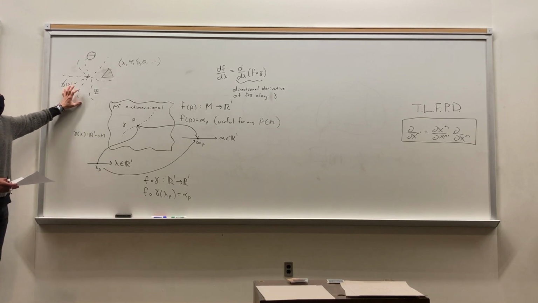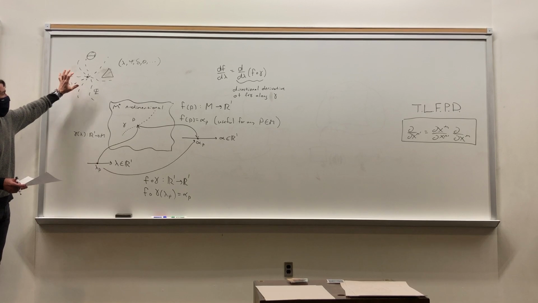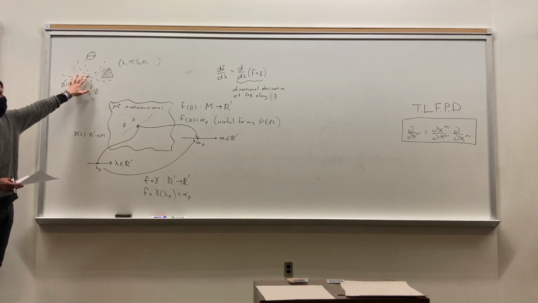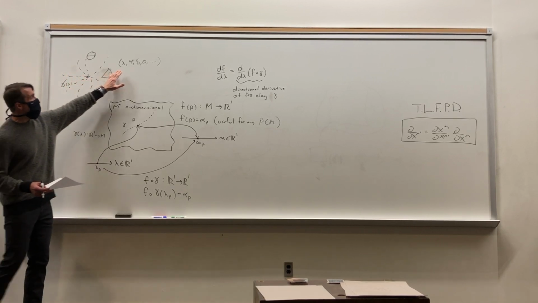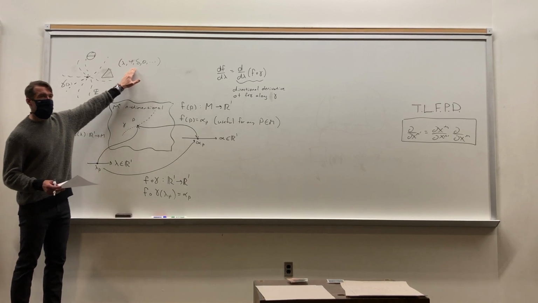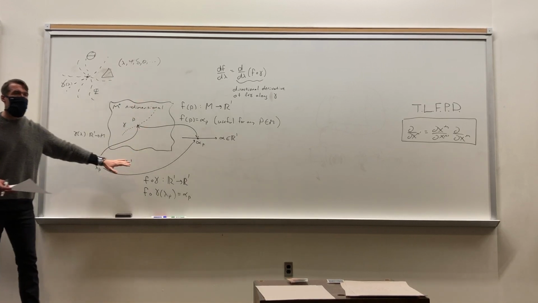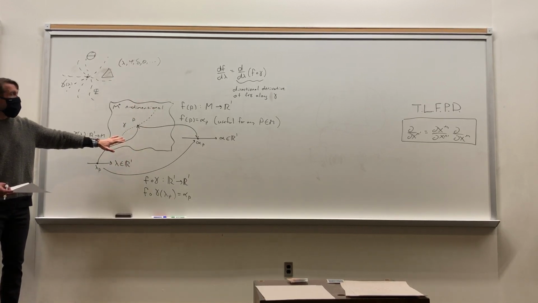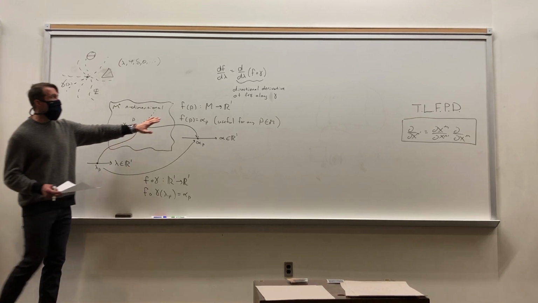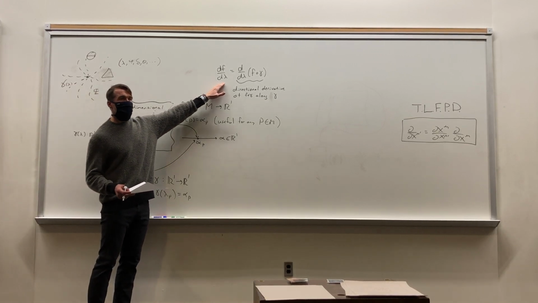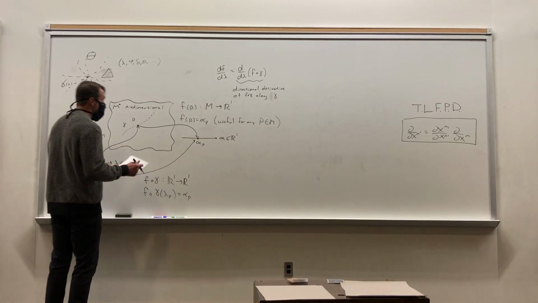Now, let's come back to the story, okay? Now, I can imagine that all of these different curves, parametrized by all of these different variables, all of which live in R1, can be thought of as a set of derivatives, okay?